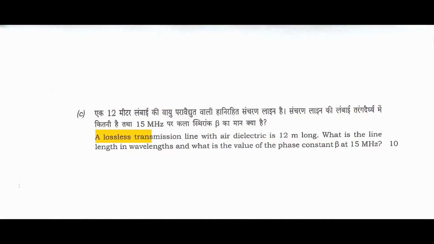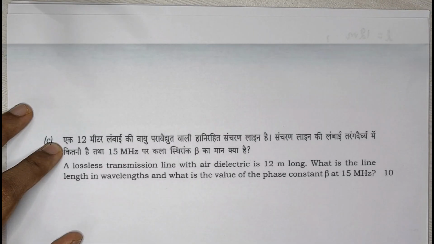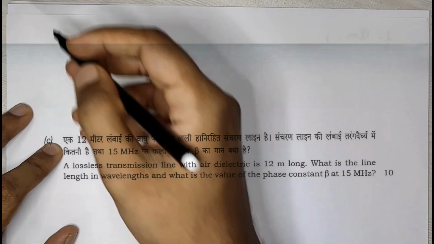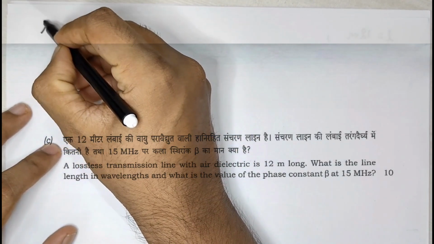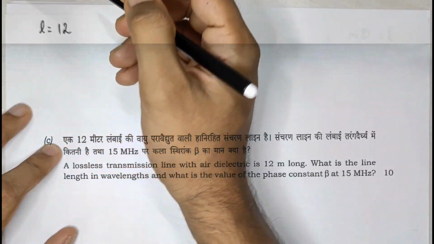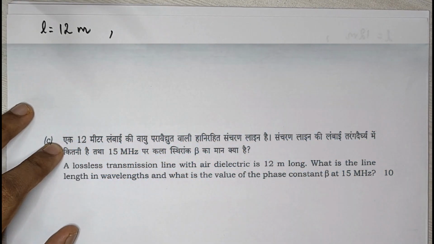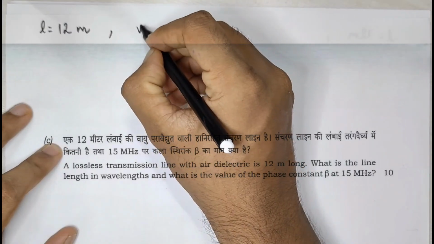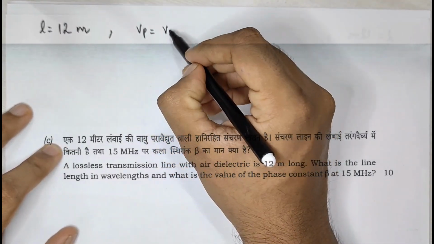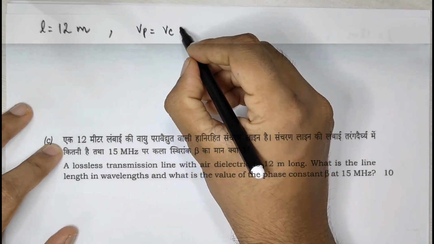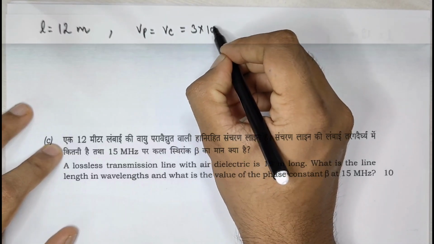A lossless transmission line with air dielectric is 12 meters long. What is the line length in wavelength, and what is the value of the phase constant at 15 megahertz? Let's dive into the solution. What are the things given here? We have length equal to 12 meters, and it is talking about air dielectric, hence phase velocity will be Vp = c, which is 3 × 10^8.